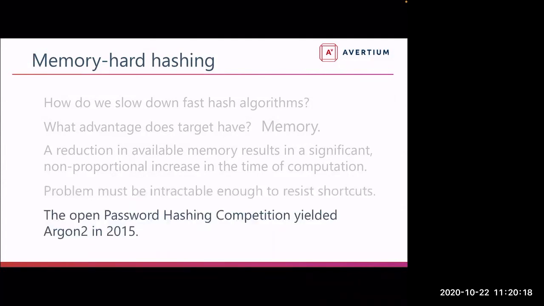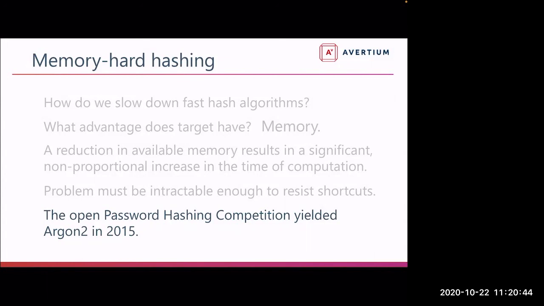So they had this password competition. Now, there was a competition for AES run by NIST, and there was a competition for SHA, where basically all these people put in proposals, and then everyone looked at them to see if they could tear them down. And they ran rounds, and they kept reducing the number of candidates until they finally came down to a few, and then they chose them.